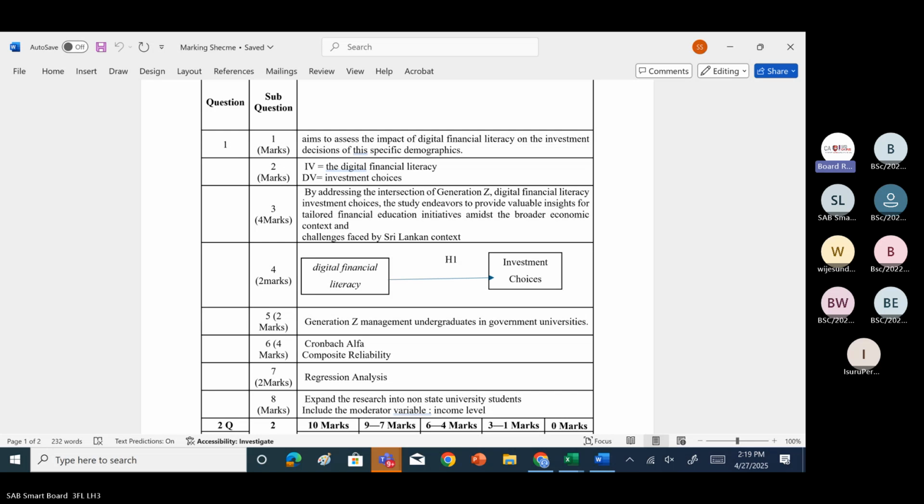We identify composite reliability, and what is the other one? Cronbach's alpha. Both values should be higher than 0.7. Cronbach's alpha and the other one, composite reliability, should be higher than 0.7. Composite reliability and then Cronbach's alpha.